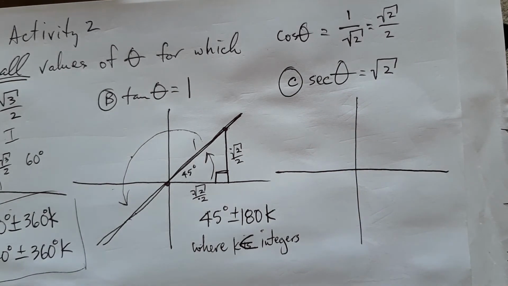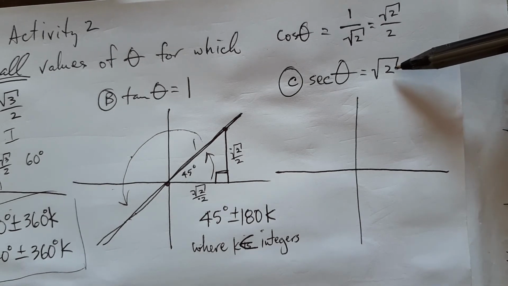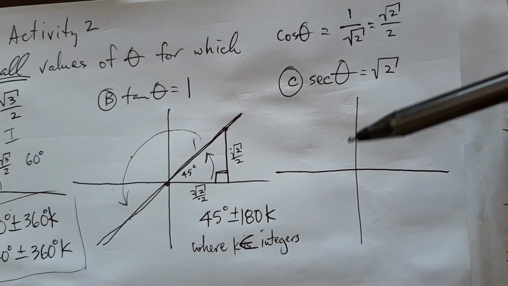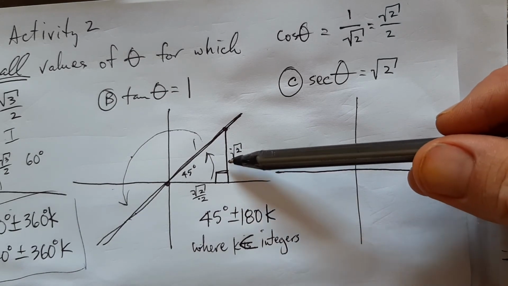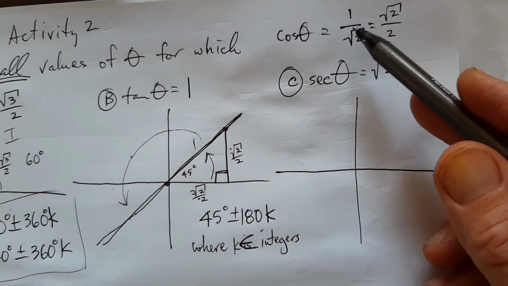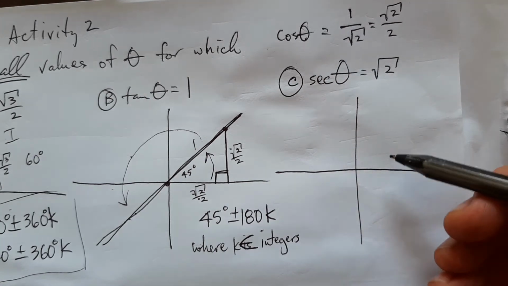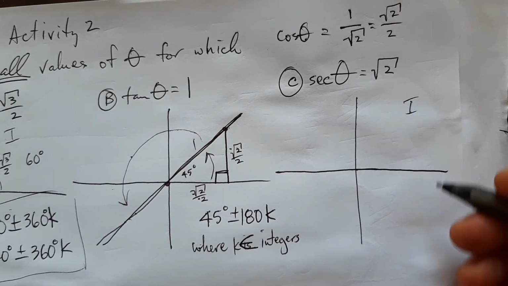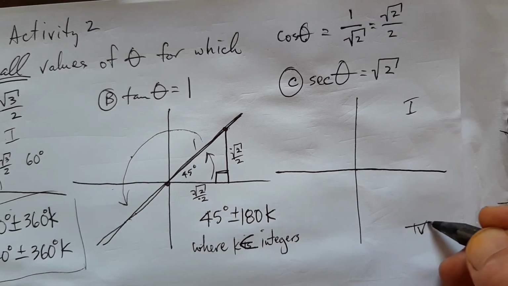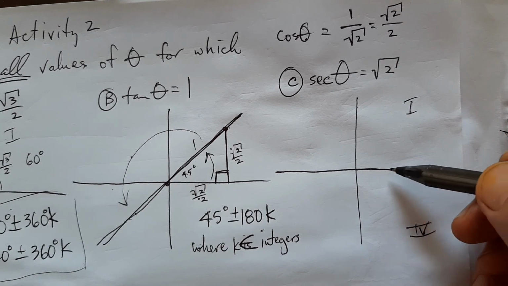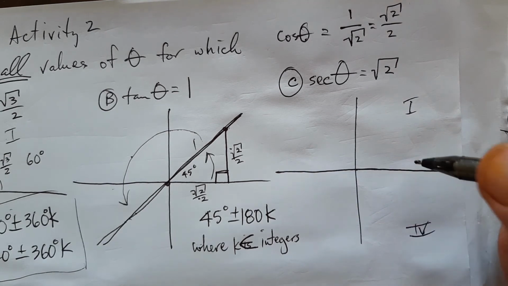And that sets off an alarm in my head. We haven't even seen that square root of 2, but seeing this, I know it's that 45-degree angle again, right? I've got this guy memorized because I've done it so many times. And it's positive, and that means cosine is positive. That means my x value is positive, so I'm either in the first or the fourth quadrant. It can't be over here.